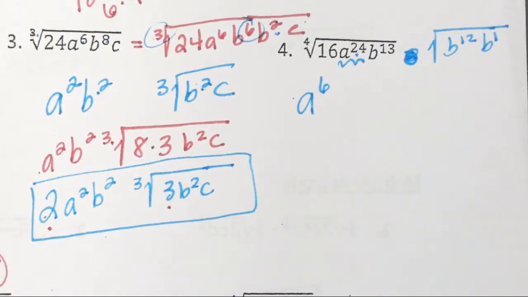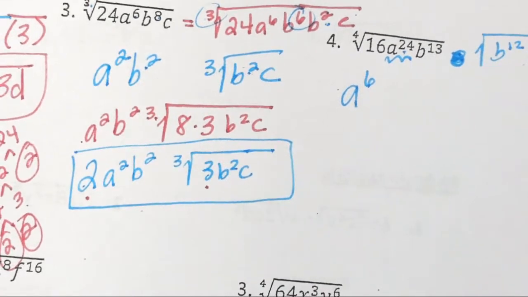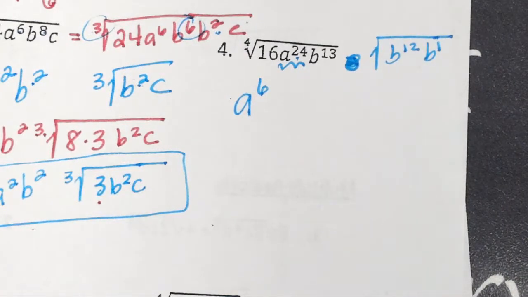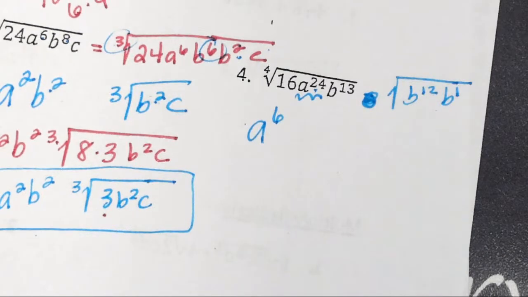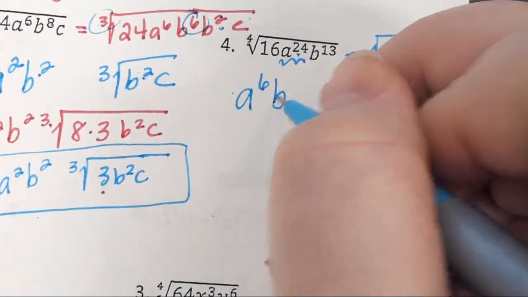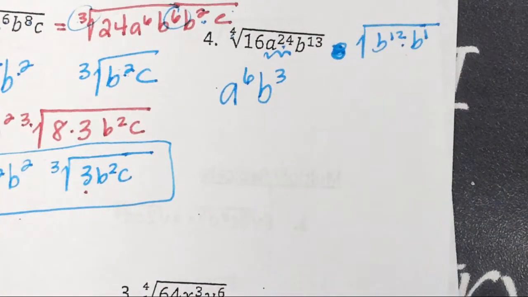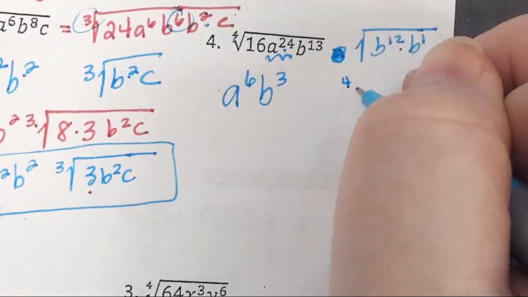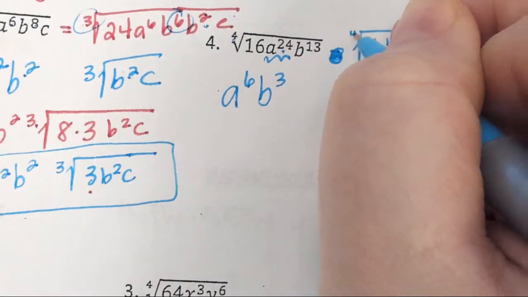Problems with the b because b to the 13 is not divisible by 4, but 12 is divisible by 4. So if we went back down to 12, that's what Eduardo was saying. He said 12 divided by 4 is 3, so he knows b to the 3 is getting to come out. That guy is never going to be divisible by 4, so he knows for sure there's at least one b left at home.